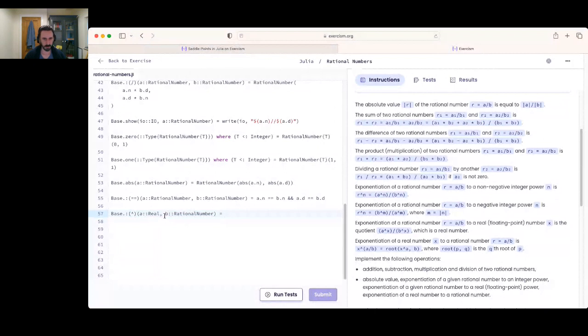Let's just cast this to floats to make sure everything works nicely. A to the power of the numerator, so b.n.